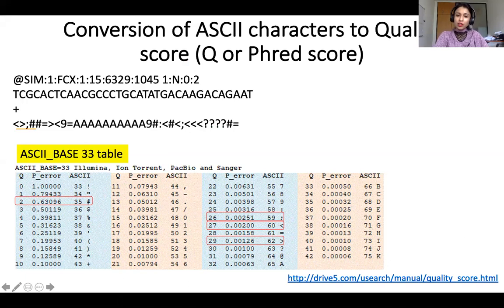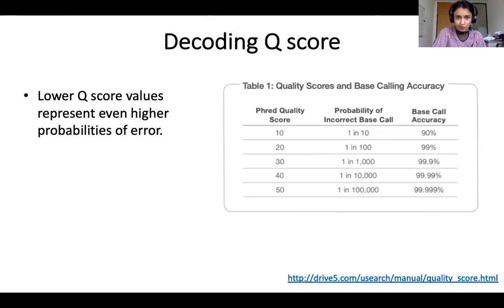Now, moving on to what this quality score means. You have numbers from 0 to 42 here, but what does each of them mean? When you have a very low quality score, it means the quality is poor and the accuracy is lower. A Phred quality score of 10 means there's a probability of one incorrect base in 10, so 90% accuracy.